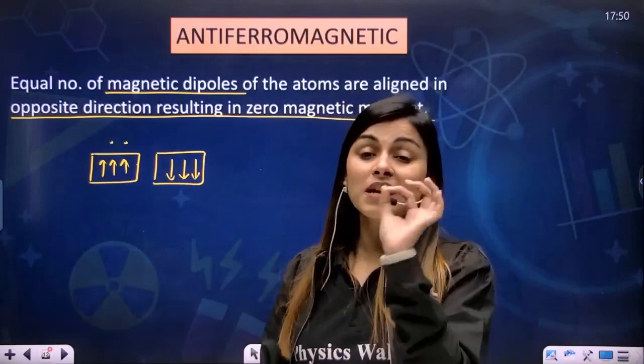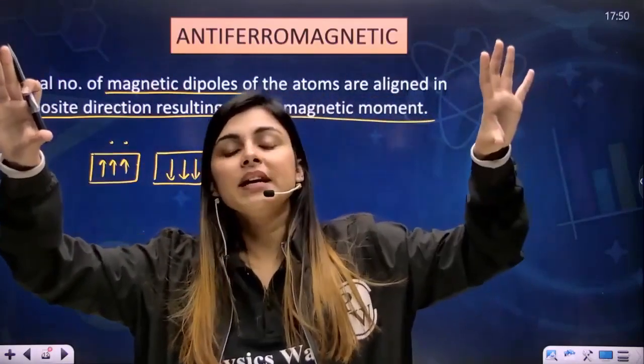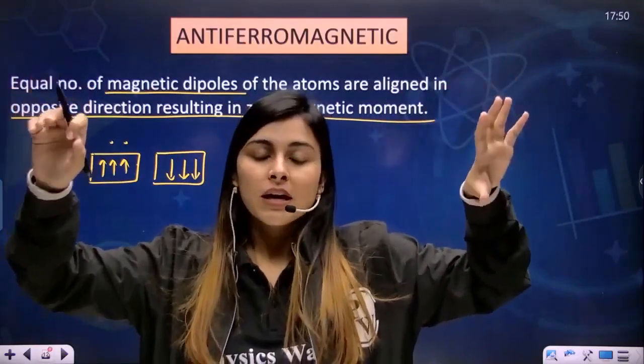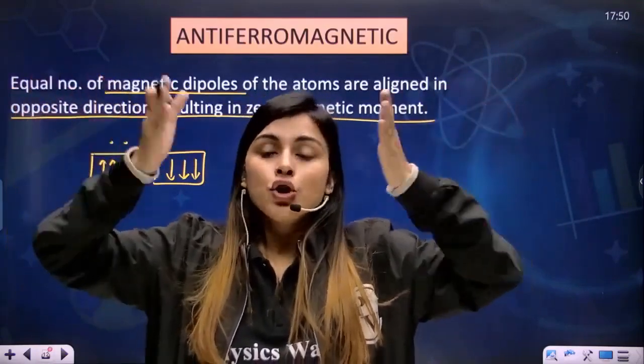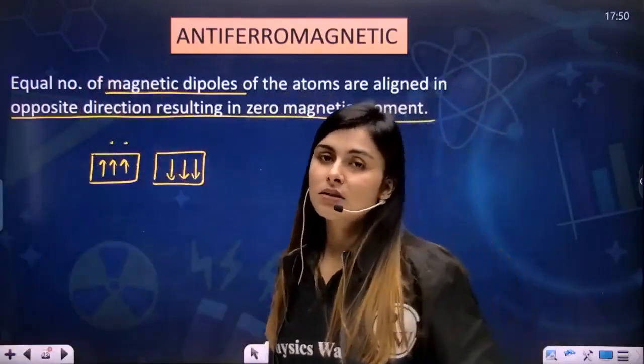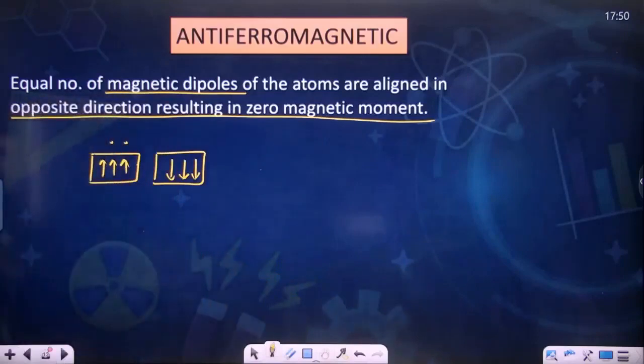In diamagnetic, only the spin magnetic moments cancel out, but in antiferromagnetic, your domains cancel out each other. That is the way you classify it as antiferromagnetism. Okay, please write it down.